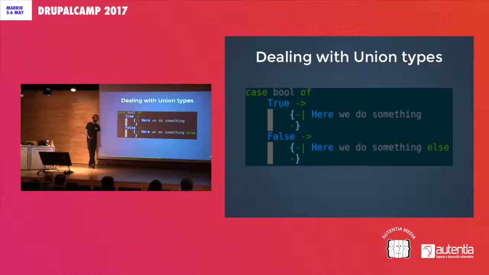And this is how you deal with union types. Every time you handle a variable that is a union type, you need to use a case that handles all the different options. And it always will return the same data type, because this is a typed language, and all the functions always return the same type.